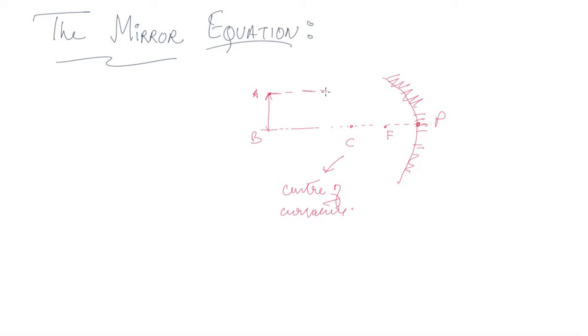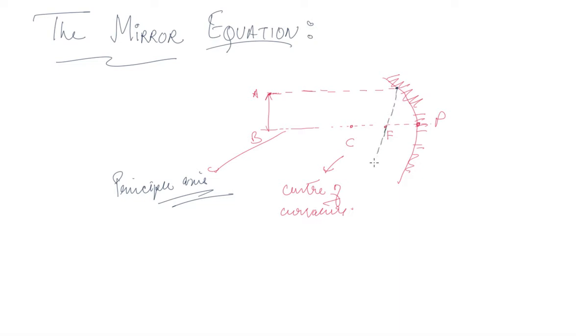So this ray travels parallel to the principal axis, and after reflection, it passes through the focus.